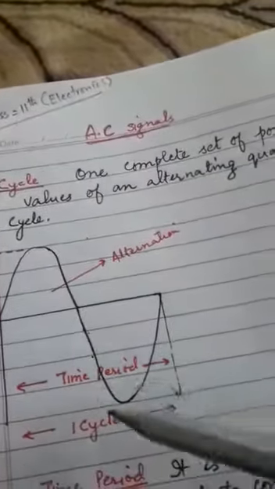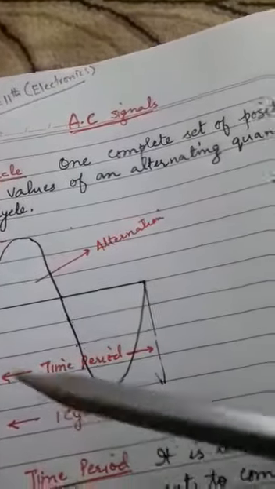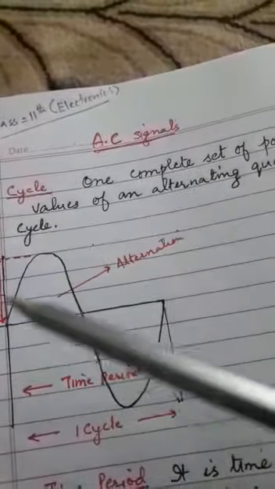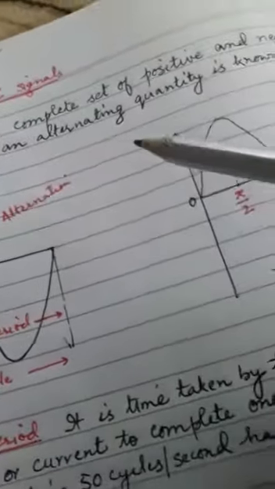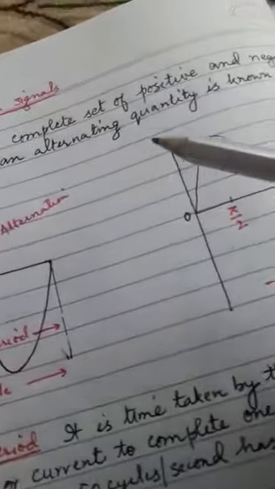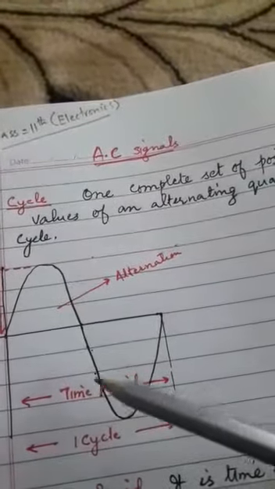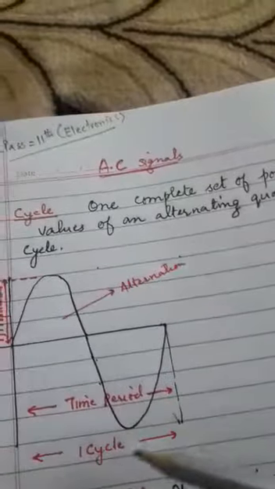Alternating means positive and negative. One complete set of positive and negative values of an alternating quantity is known as a cycle. This is called a complete cycle, as I have shown in the figure.